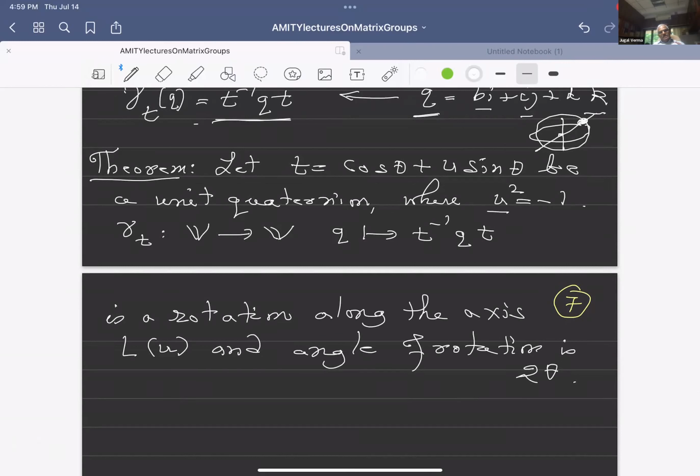So this gives a very clear algorithm to write a formula for rotation along an axis U in three-dimensional space, with angle of rotation 2 theta. And this rotation is a map from V to V, and it is a conjugation action.